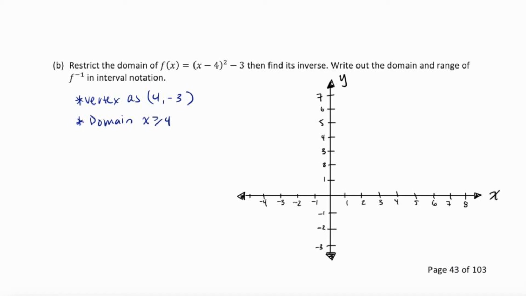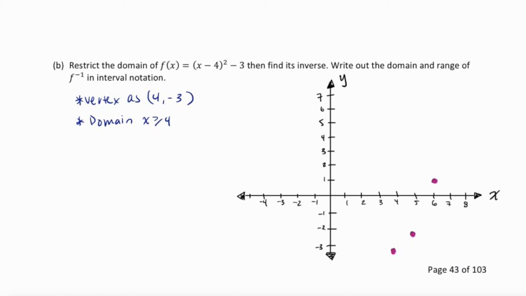Our original function, f of x, has a vertex at 4, -3. That's down here. That also tells me that we're going to have the point 5, -2, and 6, 1. If you don't see this, please create a table, plug in these values for x, and see what outputs you get for y.